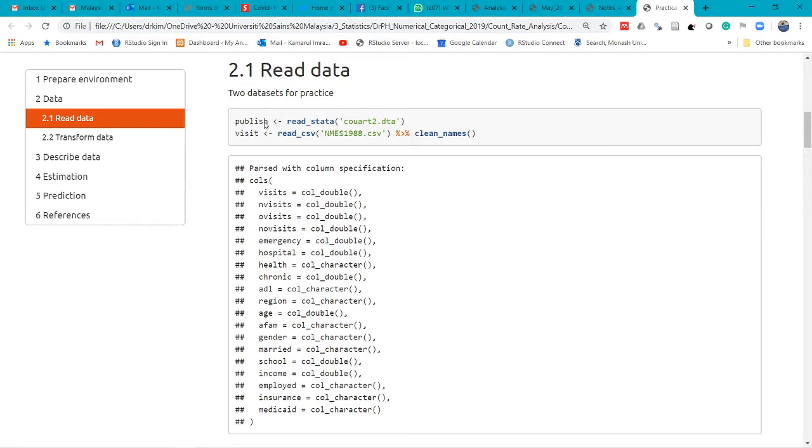For that, I use read_csv, and I use pipes and clean_names from the janitor package to make pattern names for the variables.